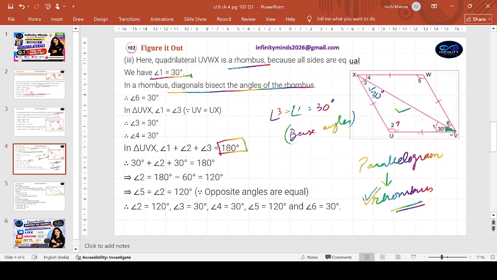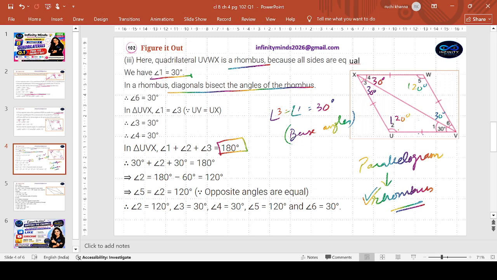So the point from which it is arising, it bisects those particular angles. So you would be able to get angle 6 also to be equal to angle 1. Angle 6 would also come out to be 30. This has also come out to be 30. This will come out to be 30. This can be found with angle sum. It will be 120. Opposite angles of a rhombus would also be equal.